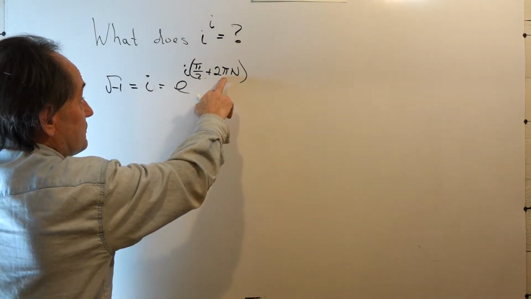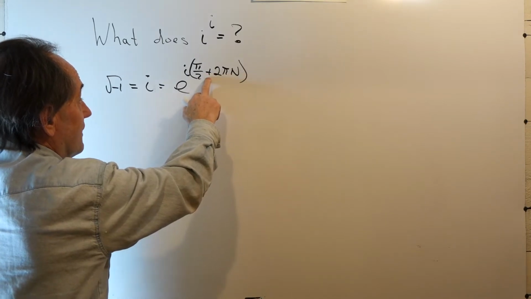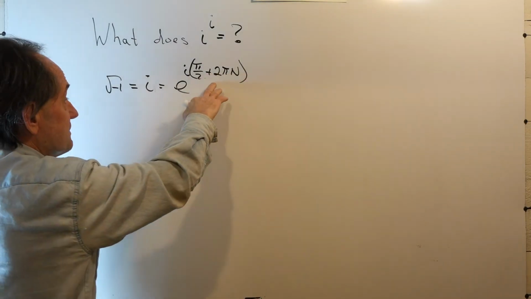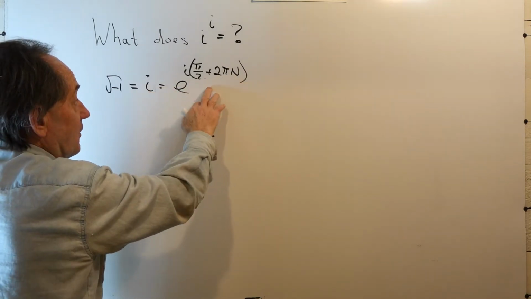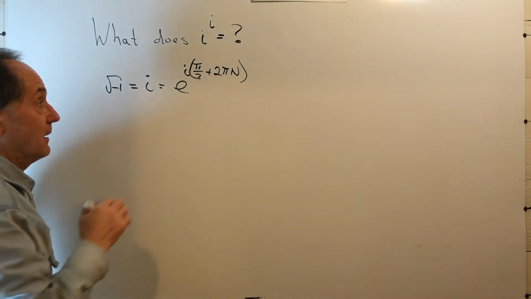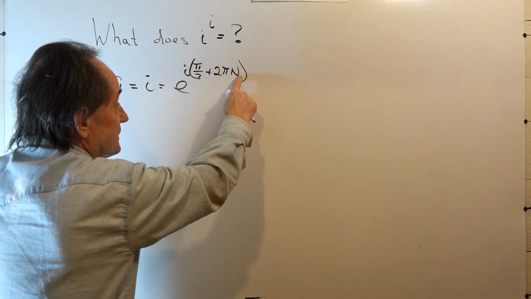As long as we add integral multiples of 2 pi to the angle, we get back to the same spot. So i has an infinite number of representations where n is an integer: 0, plus minus 1, plus minus 2, and so on.